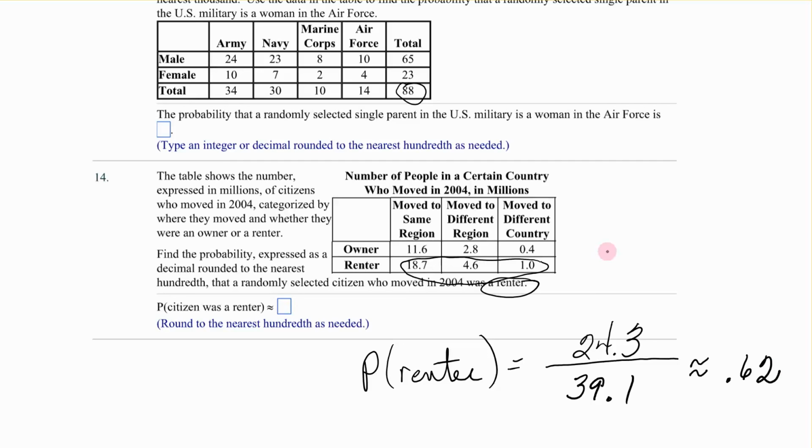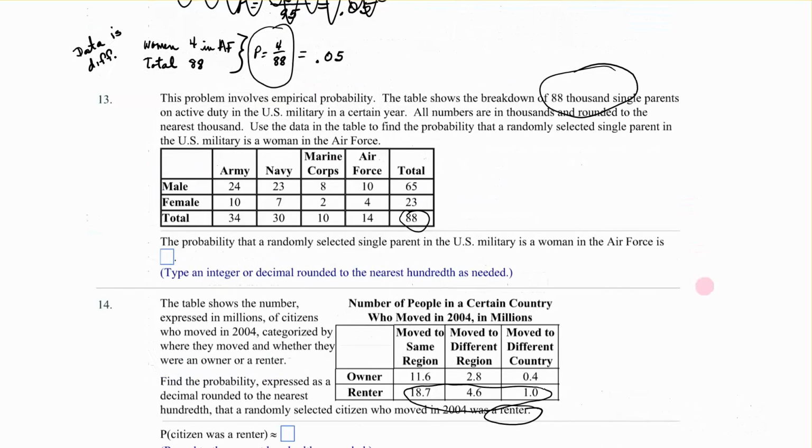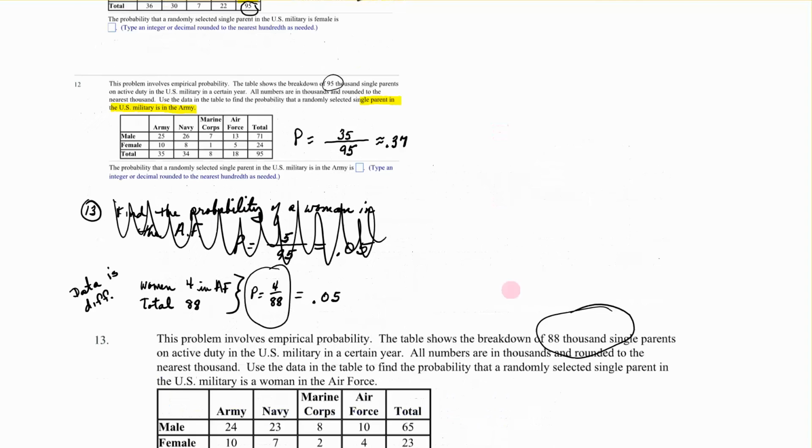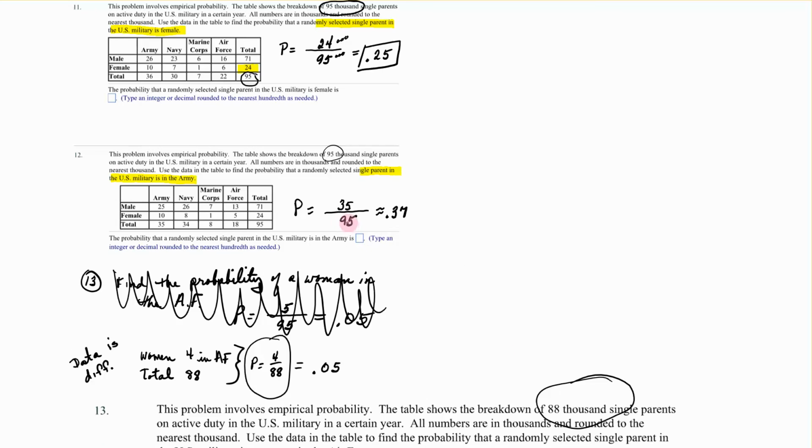So with empirical, we don't have a sample space, we have data. This is the total number. This is the number that satisfies our condition. Up here, this was the total number. This was the number that satisfied our condition.